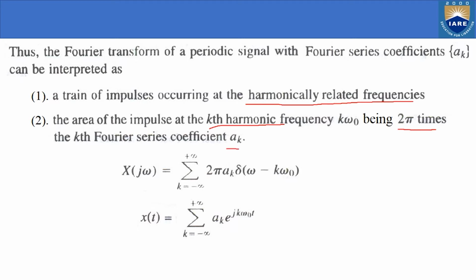So what it means here is that you can get the Fourier transform of a periodic signal from the Fourier series.